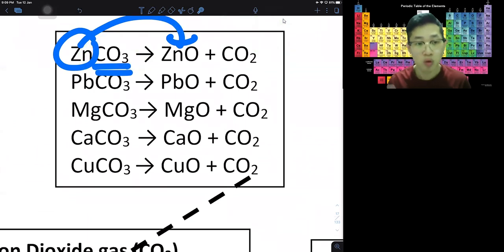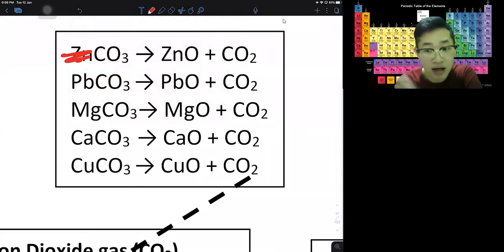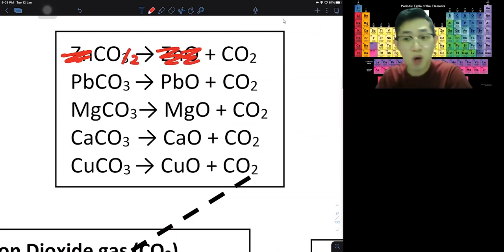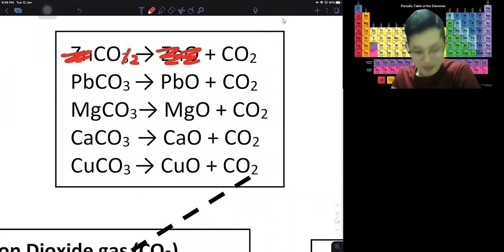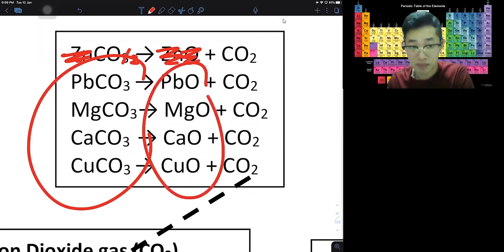CO3 will be CO2, because you see, Zn, I remove it already, ZnO, 1 O. So from 3 you take out 1, it remains 2. CO2, you can balance like that. So ZnO and CO2. For all the rest it is the same, just the metal oxide is different. All right, metal oxide and gas is the most important thing.